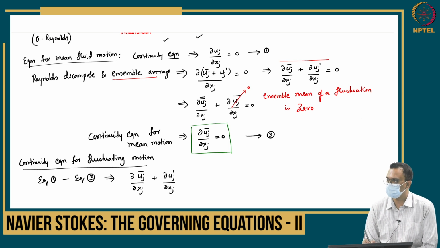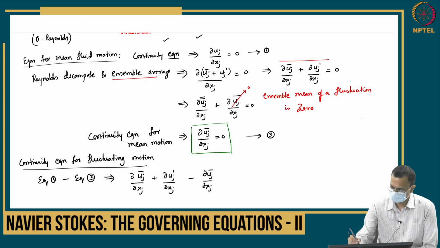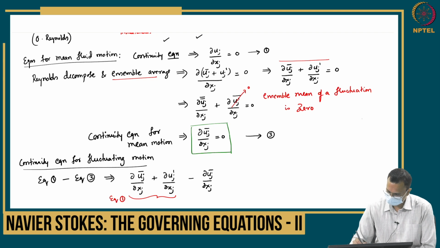This is the Reynolds decomposed equation 1, minus dou uj bar by dou xj. Okay, so this part is your equation 1, Reynolds decomposed, of course. So this yields dou uj prime by dou xj equal to 0.